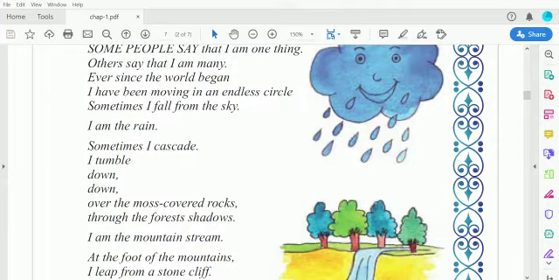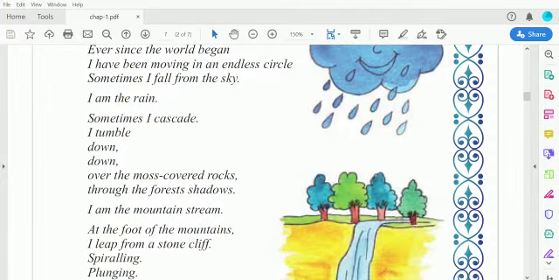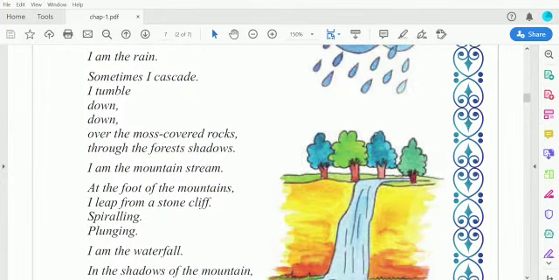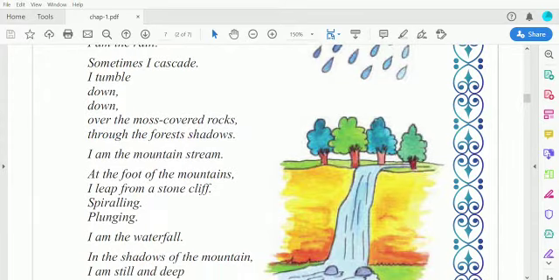As you all know, water comes down from the mountains, and at the foot of the mountains, the water leaps from a stone cliff, spiraling, plunging, and it is called a waterfall. Children, water is one, but according to where it comes from, the name is changed.